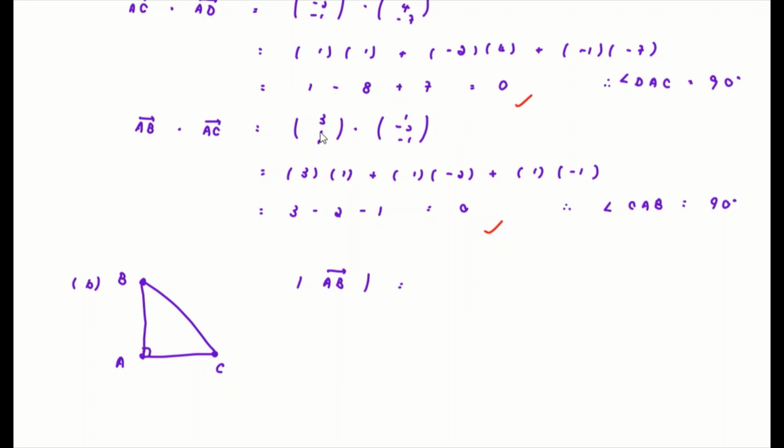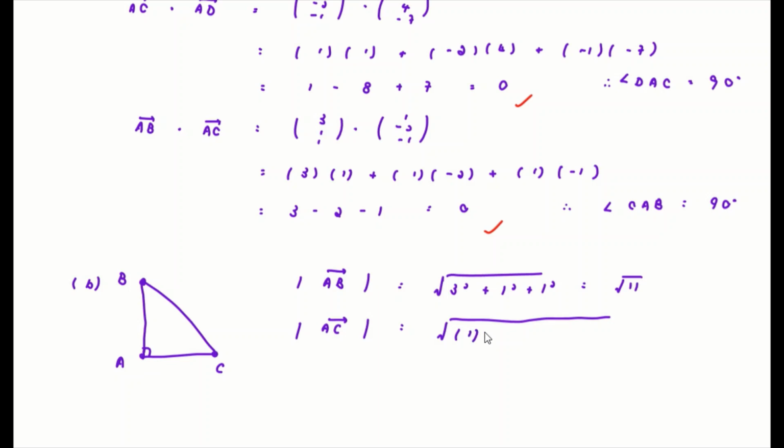AB is (3, 1, 1). So that's square root of 3 squared plus 1 squared plus 1 squared. So 9 plus 1 plus 1, you get 11. Same thing for the base now. AC is (1, -2, -1), right? So same thing: 1 squared plus -2 squared plus -1 squared.